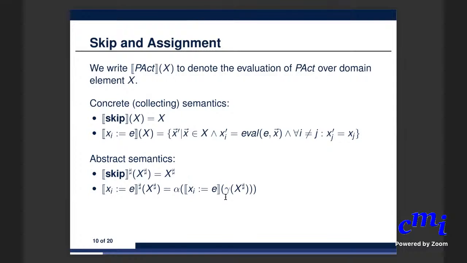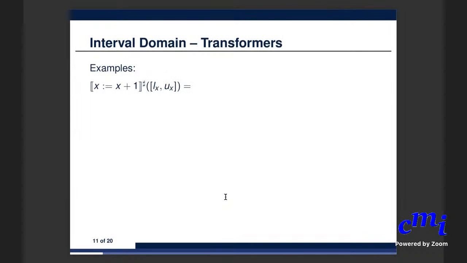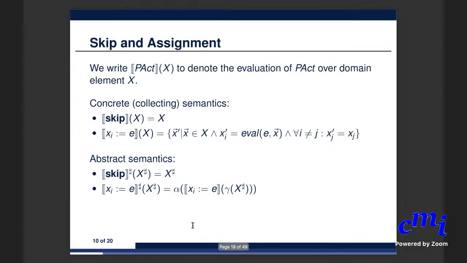But this is showing you a general schema. When you construct a real abstract transformer, you will have to do it for each of the kinds of expressions that you can construct and define them individually, such that you won't be going back to the concrete.